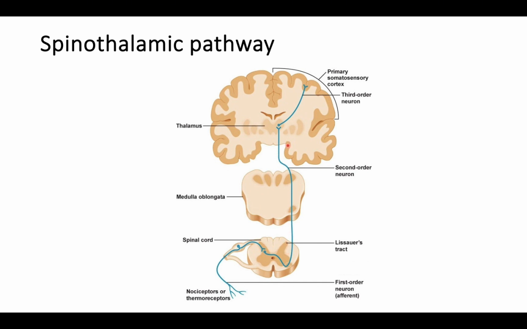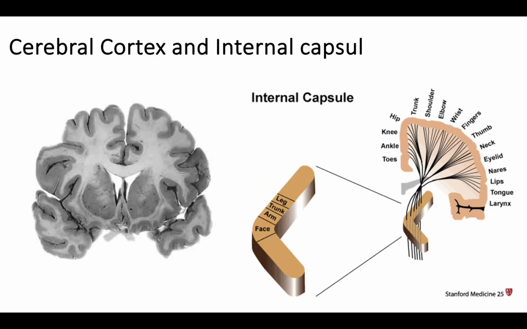It passes through the brain stem before it gets to the thalamus. Then the third order neuron will go to what? The primary somatosensory cortex, which is the postcentral gyrus. So this is how simple it is. First, second, third order. That is the arrangement. You have to go through this and practice it, and it will stay.